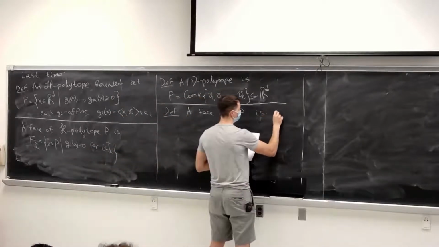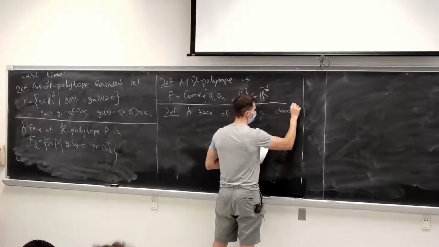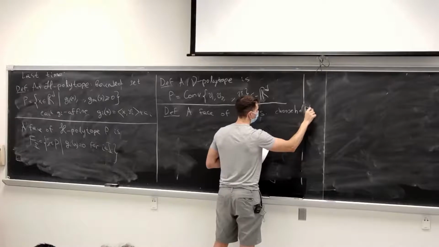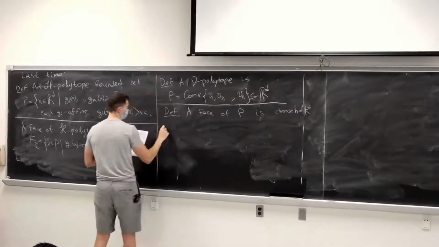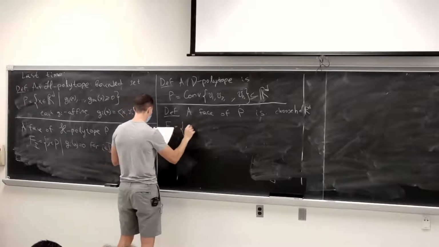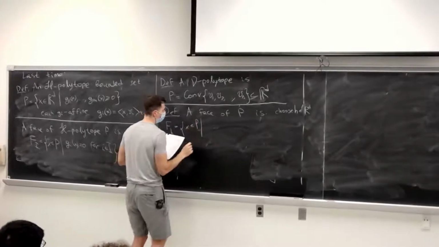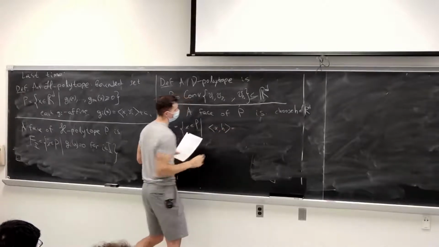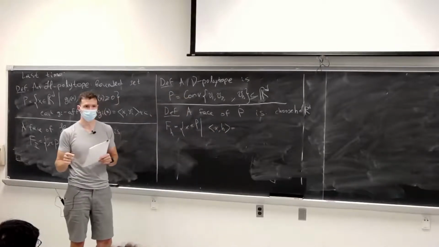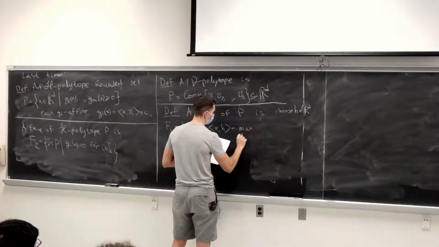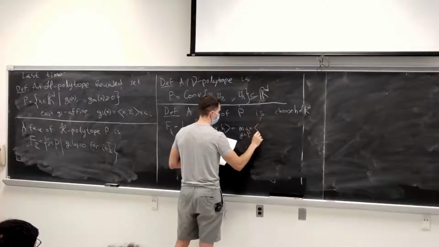You choose some vector h in R to the D, and then you set f sub h to be the set of all x's in P such that the dot product of x with h is the maximal possible, equal to the maximum over all points y in P of the dot product of y and h.